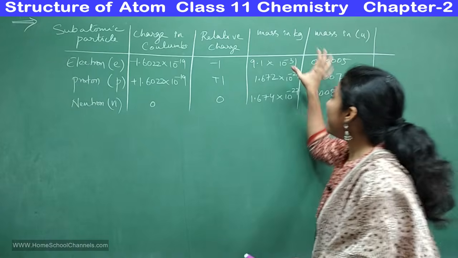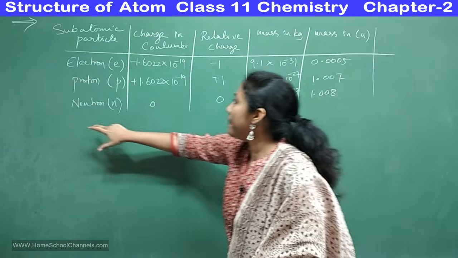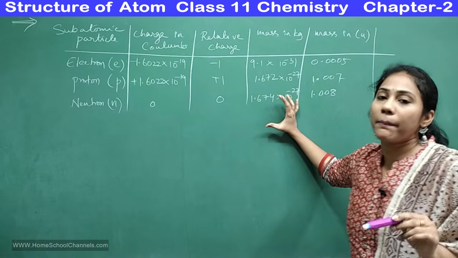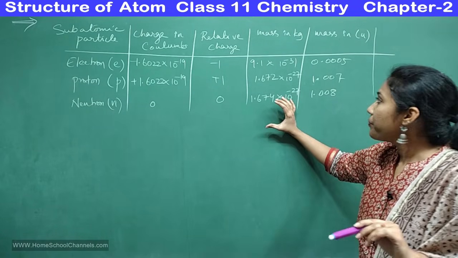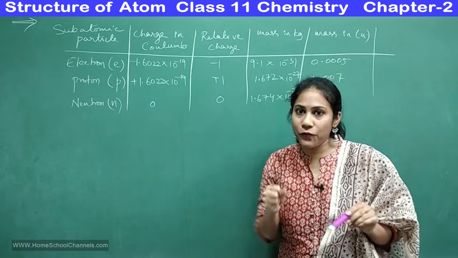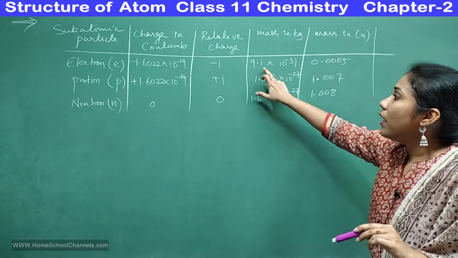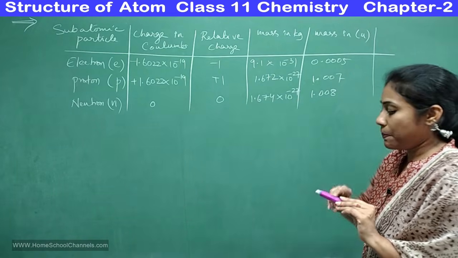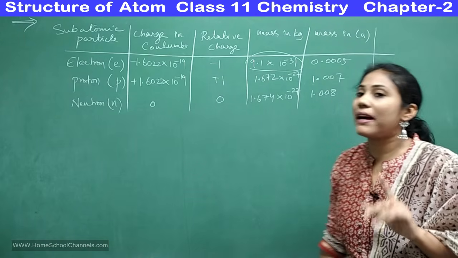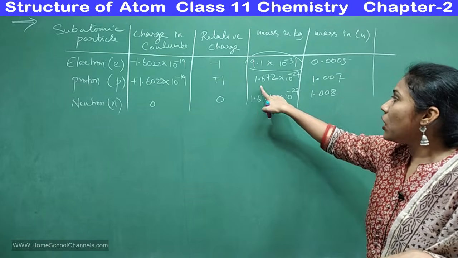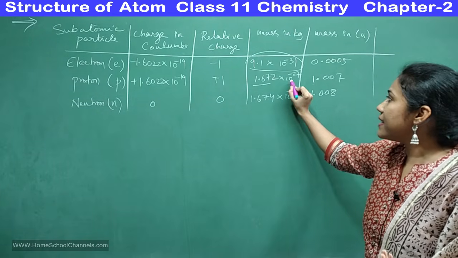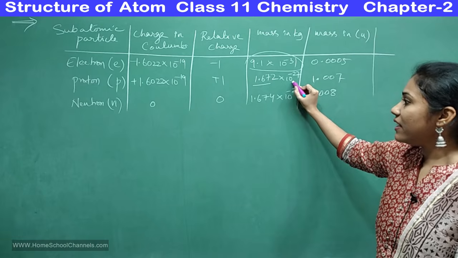Next, the mass of these subatomic particles in kg. These values are also important to remember from a competitive point of view, and can be helpful in calculating many types of numericals. The electron's mass, especially this value, is very important: 9.1 into 10 power minus 31. The proton's mass is 1.67 into 10 power minus 27.